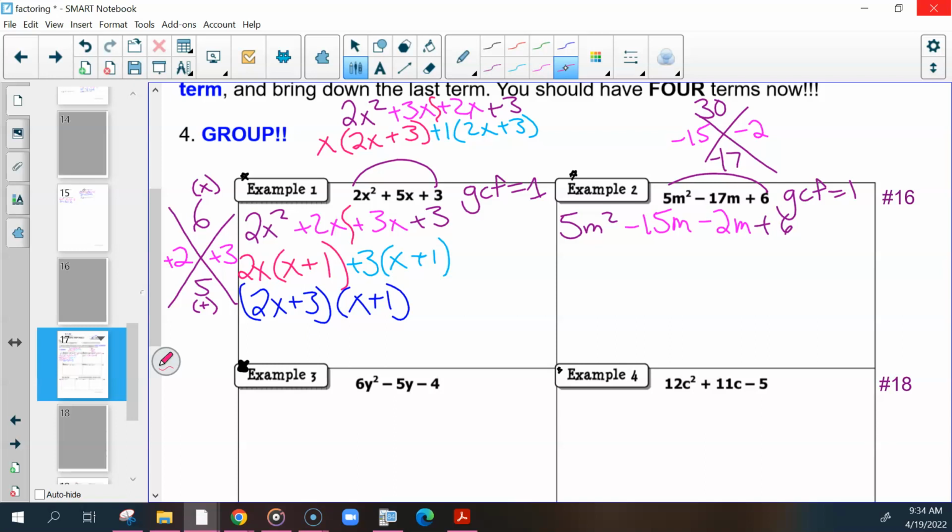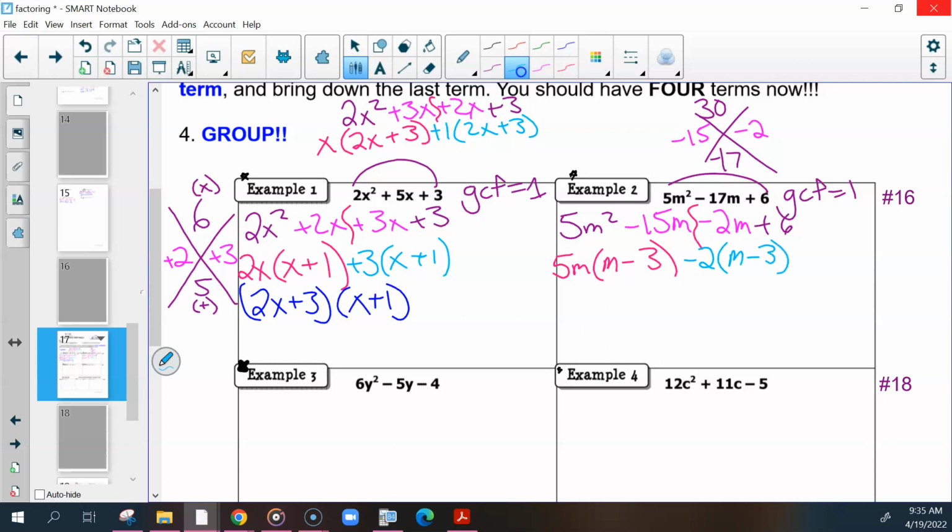What is the GCF of the first two? 5m, which would leave us with m minus 3. And then what is the GCF of these two? Negative 2. Which would leave us with m minus 3.